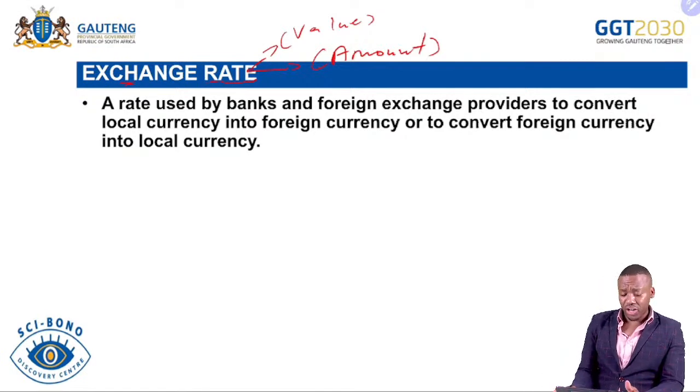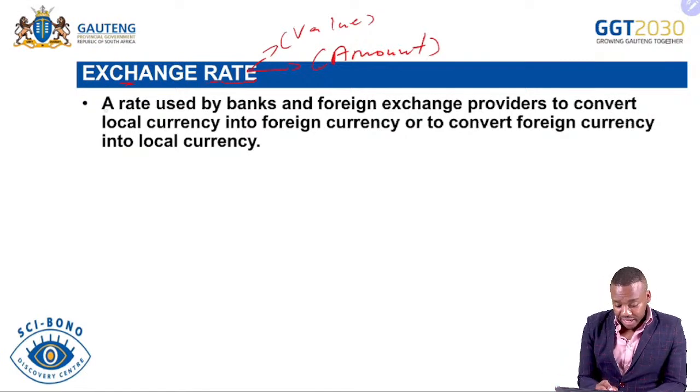So what is an exchange rate? It is a rate. Remember I said next to rate we write amount in brackets.